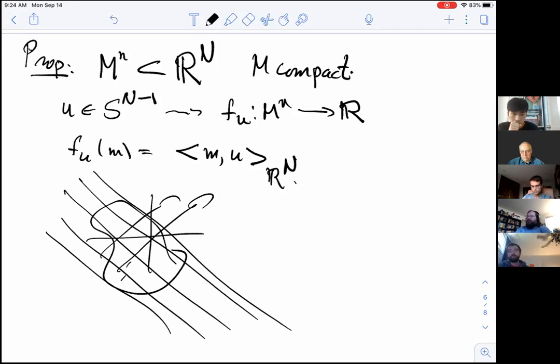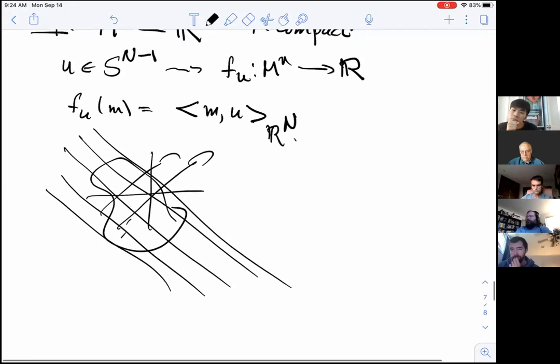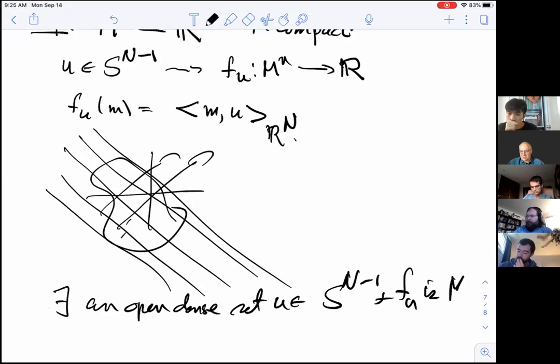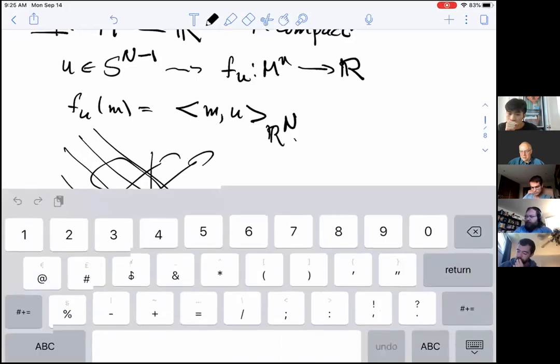And if you choose a generic direction, the theorem is that for U, there's an open dense set of U that give you Morse functions. So there exists an open dense set mu in the sphere such that f mu is Morse. Okay?